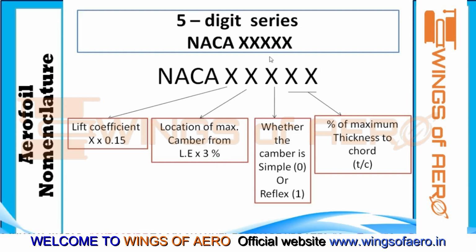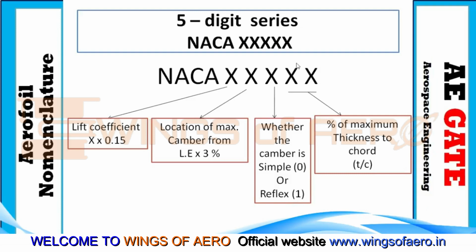The third digit can be either 0 or 1. 0 means the camber is simple and 1 represents a reflex camber. And the last two digits are always the same, denoting the maximum thickness to chord ratio.